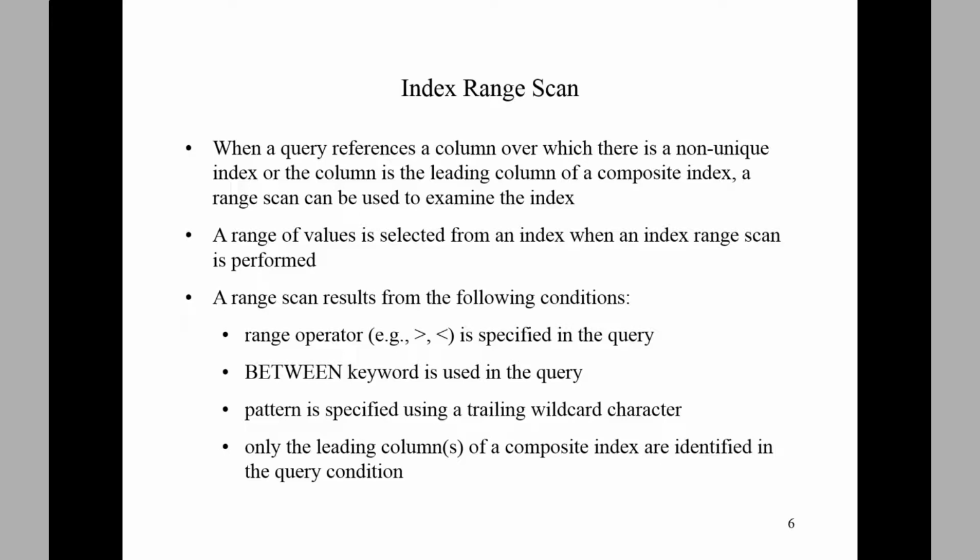Thus, in such situations, an index value will not consist of a single column or single value, but will be composite. When a query makes a reference to a column in a table over which there is a non-unique index, or the column serves as the leading or leftmost column of a composite index, a range scan can be used to examine the index.